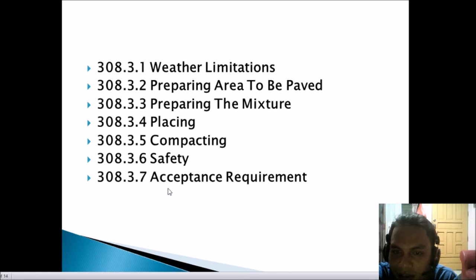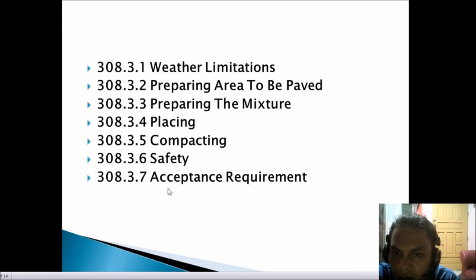Next is 308.3.5, compacting the mixture. The mix shall be compacted immediately after placing. Initial rolling is with a steel-wheeled tandem or three-wheeled roller, vibratory roller, or pneumatic tire.